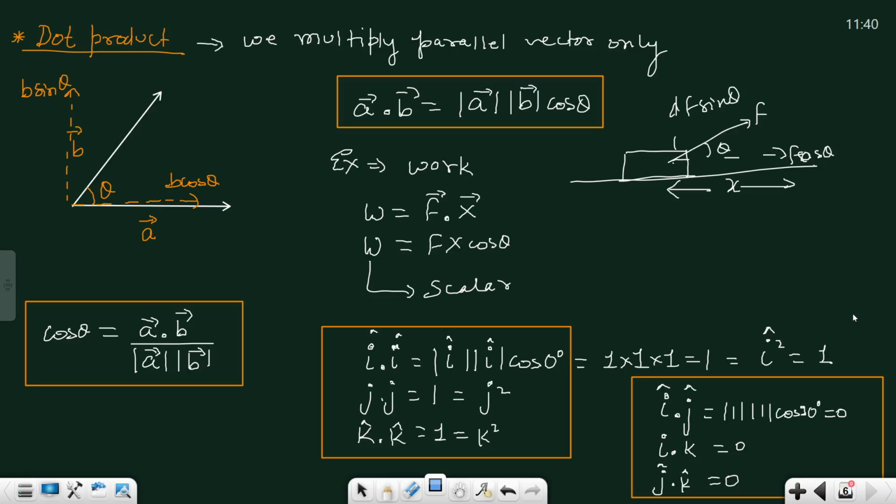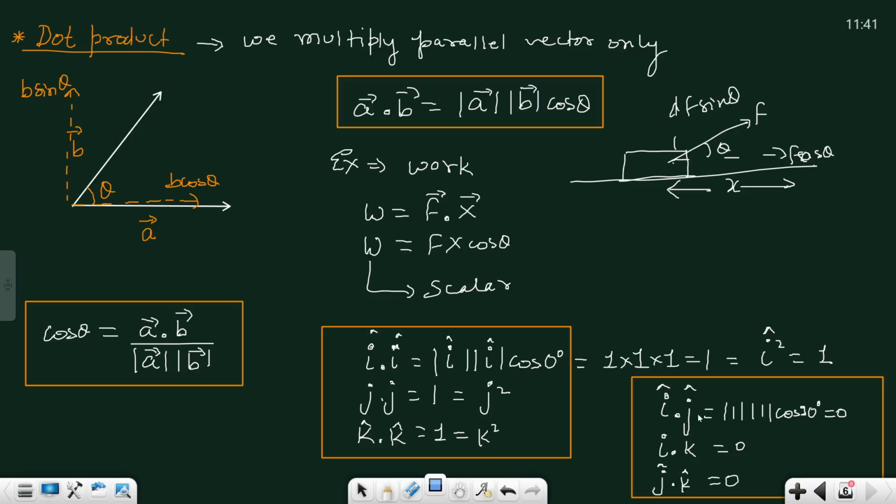For example, again, if you go for the dot product of I with I, the magnitude of I is 1, the magnitude of I is 1, and cos 0 is 1, so you will get 1. When you multiply these parallel unit vectors, I dot I, J dot J, you will get 1.